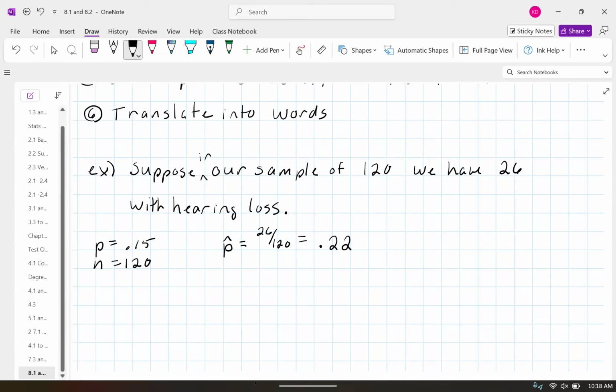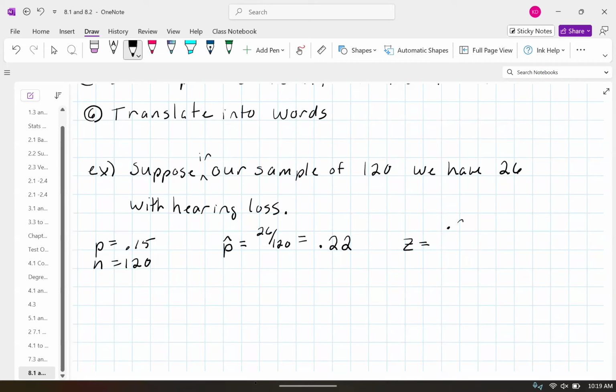So let's see what that means. We have a higher proportion than the general public population proportion. So let's look at that. What's the z-score of that?